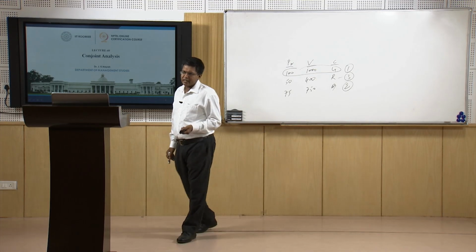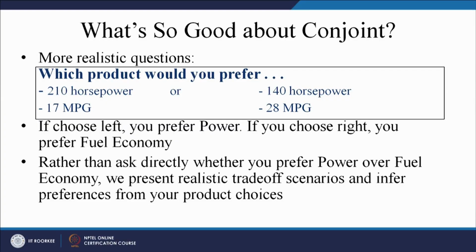So, what is so good about conjoint? A more realistic way: which product would you prefer, 210 horsepower and 17 mpg, or 140 horsepower with 28 mpg? Now, suppose somebody says he would choose the left one, 210, that means he is preferring power, but if he chooses the right one he is preferring fuel economy, right.